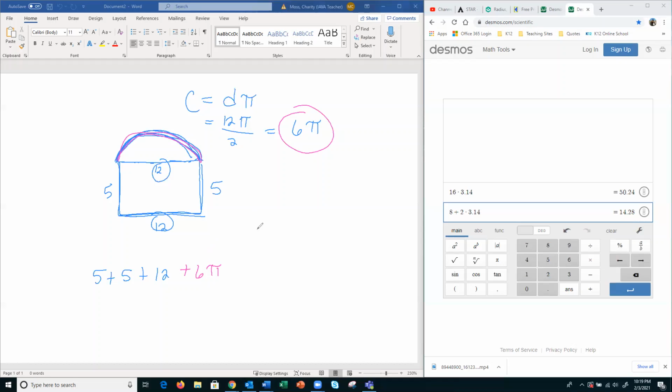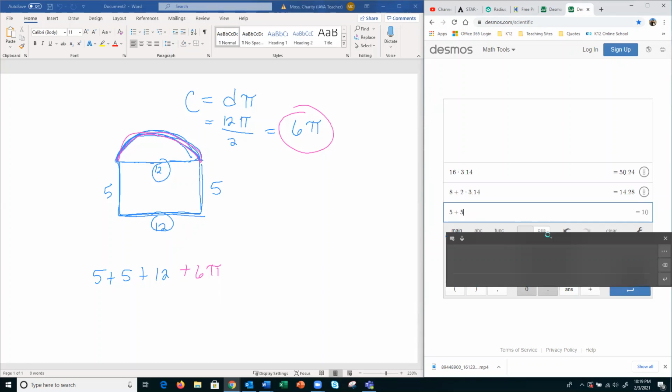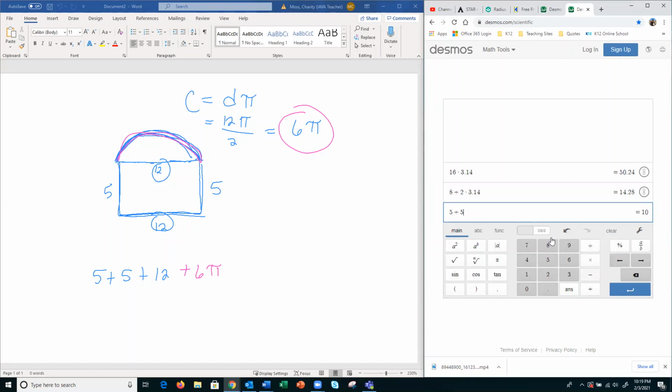All right, and then you would just go over to your calculator and 5 plus 5 plus 12, because that's the bottom piece, plus 6 pi.